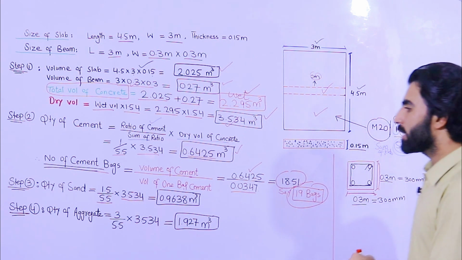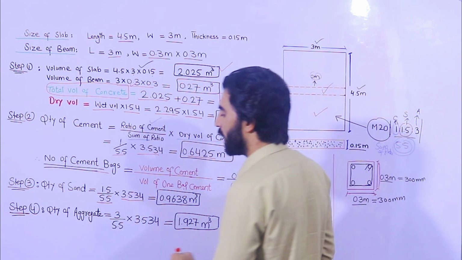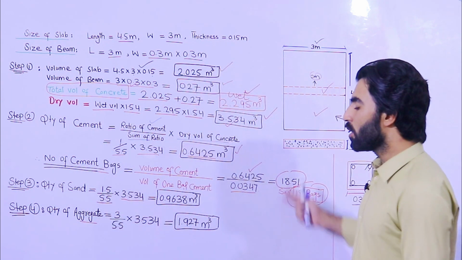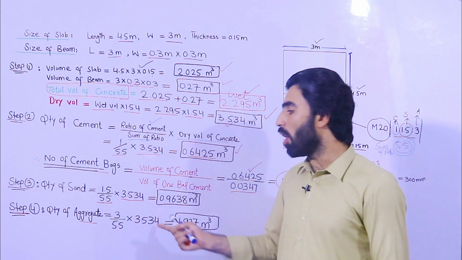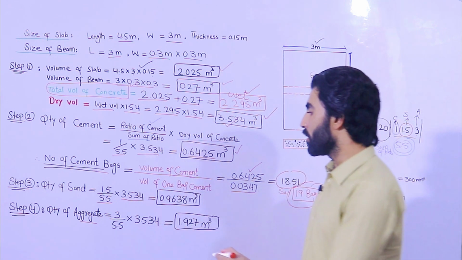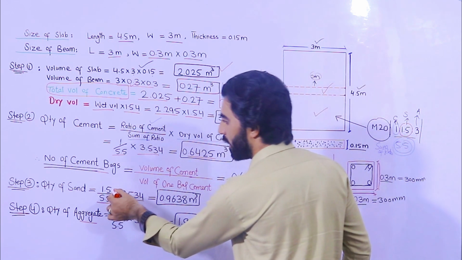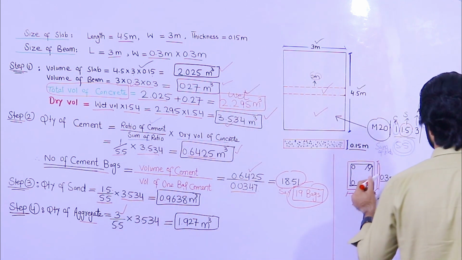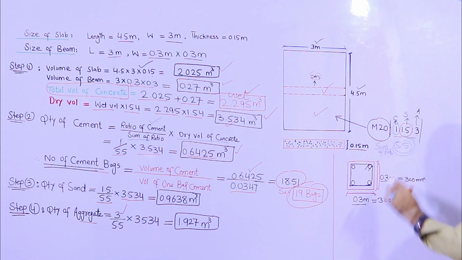Next, in the fourth step we will find the quantity of aggregate. Aggregate is double the sand. Here we have 1.5 for sand, but here we have 3, because in M20 grade concrete we have 3 parts aggregate.